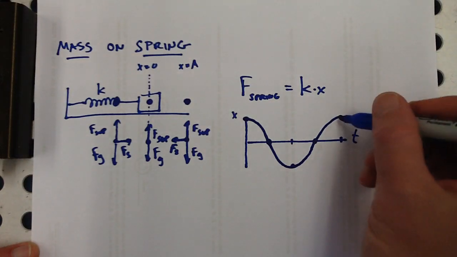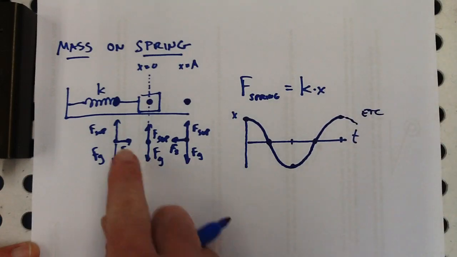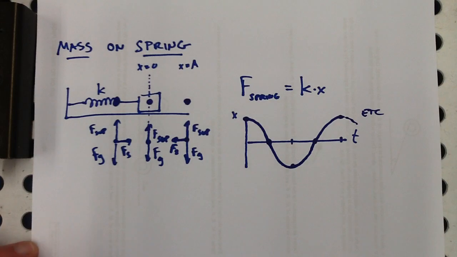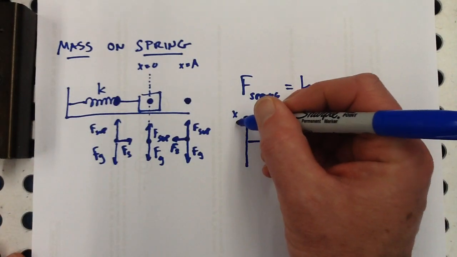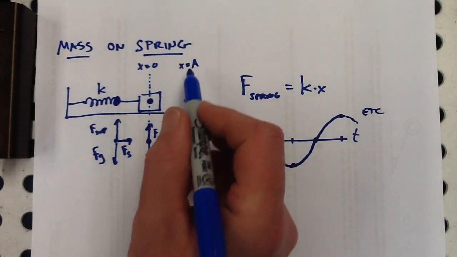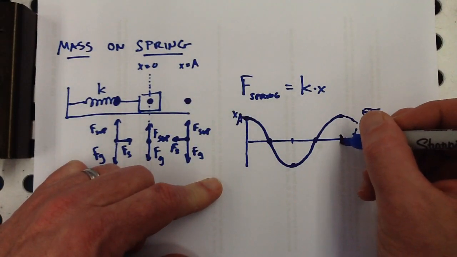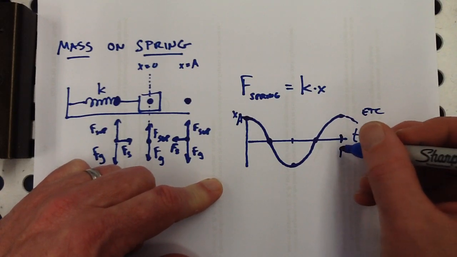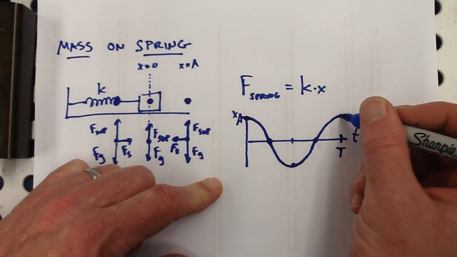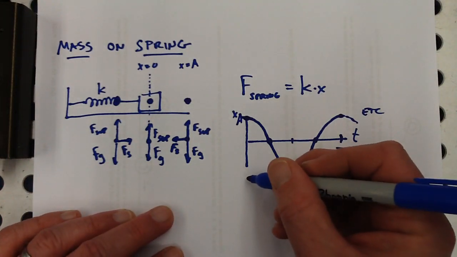So it would look like this, and then it would keep going as it oscillates back and forth. And this position here, this is its maximum, A. That's the amplitude. And this here is the amount of time it takes to go through one full cycle. We call that the period. All right.